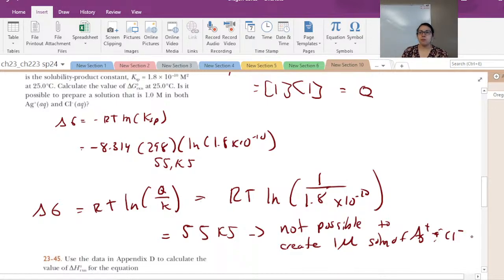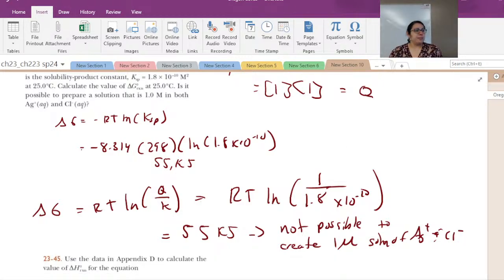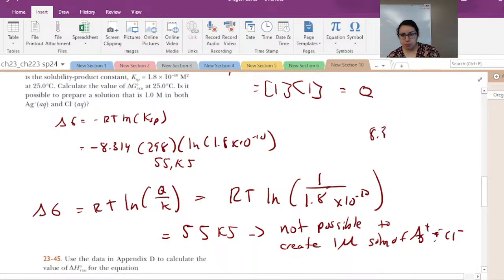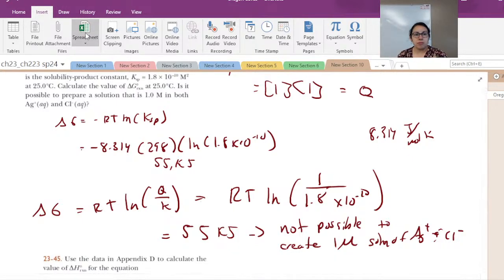Does that make sense for that problem? I don't know what the units were for the R again. R is 8.314, so joules, moles, Kelvin. So it scales with the moles and then, of course, temperature. That was kind of confusing me because I know that there was also the gas law constant.